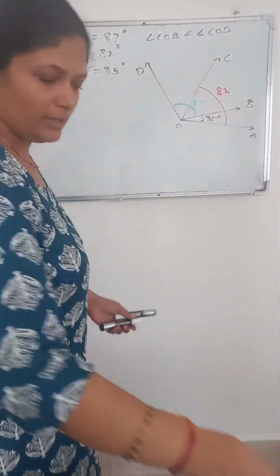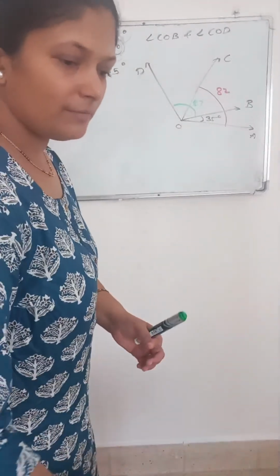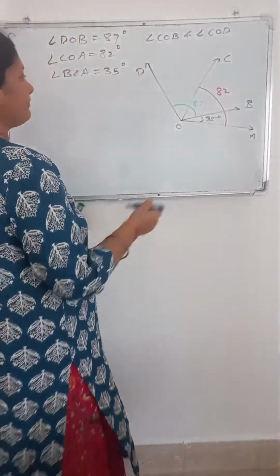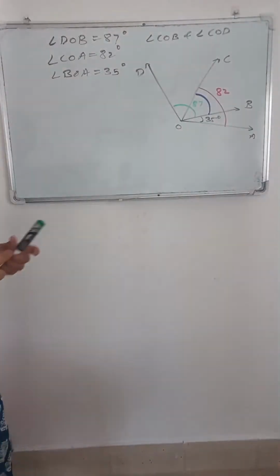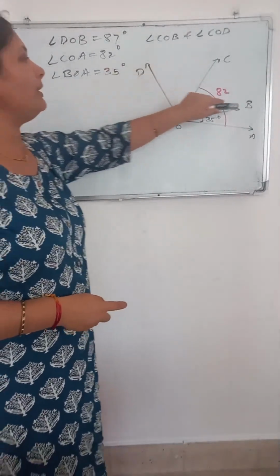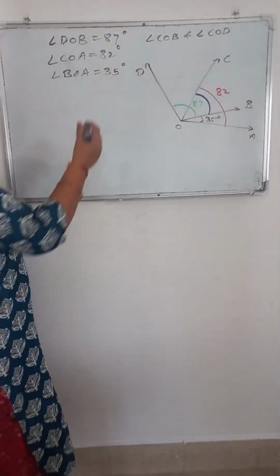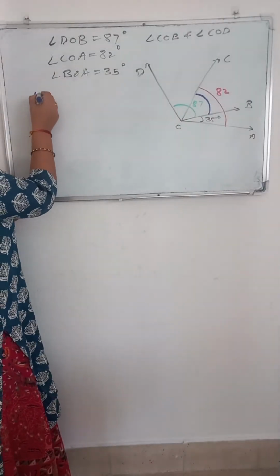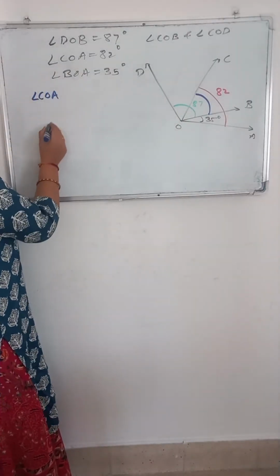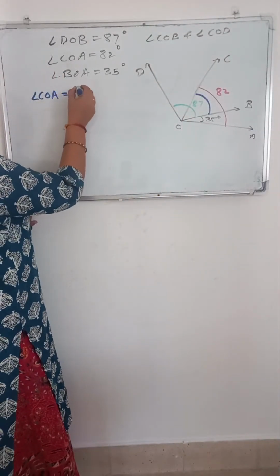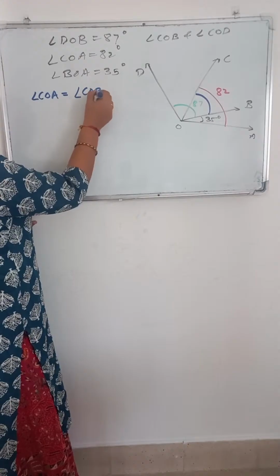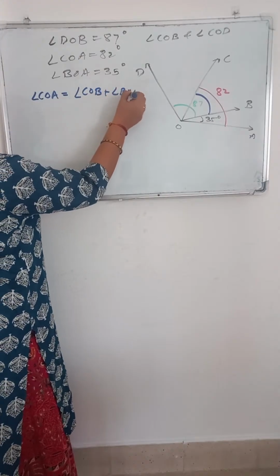Which one is COB? I will mark it with a different color. Check here, I am interested in this. I want to calculate angle COB. So already we have angle COA, this bigger angle, and COA is nothing but COB plus angle BOA.